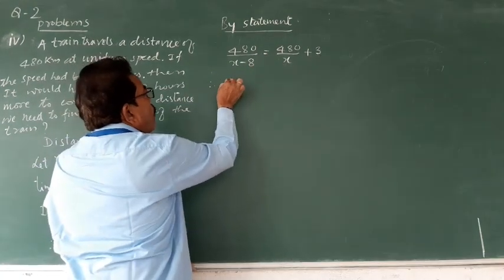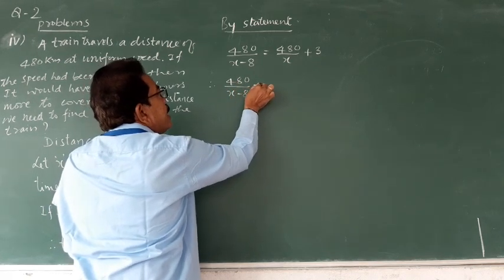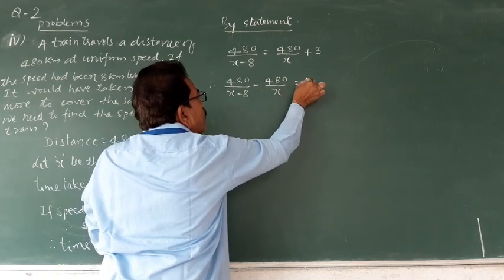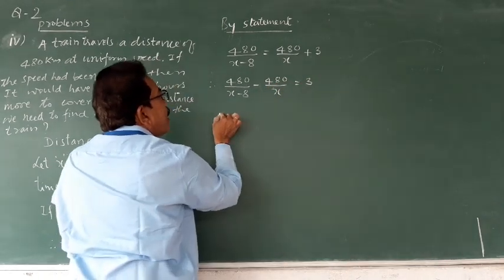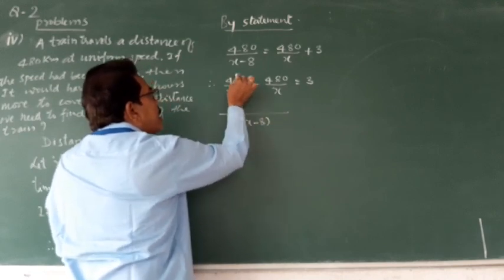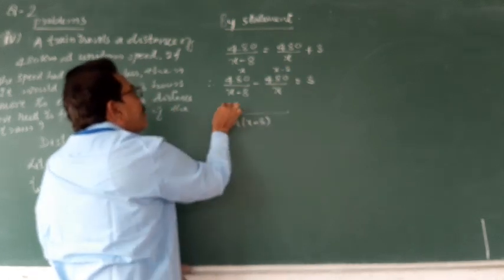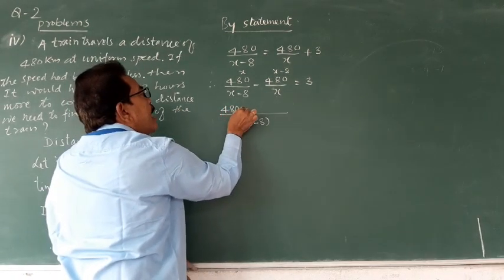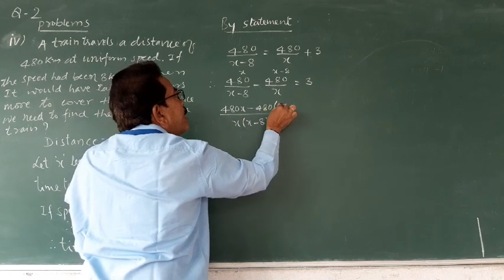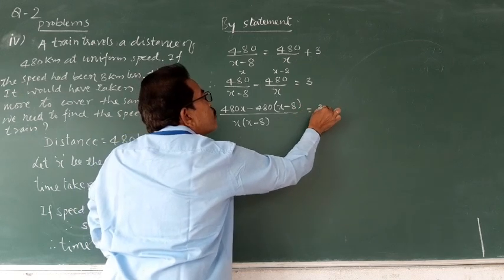Now 480 by x minus 8 minus 480 by x equals 3. LCM, x in the bracket x minus 8. 480x minus 480 in the bracket x minus 8 equals 3.